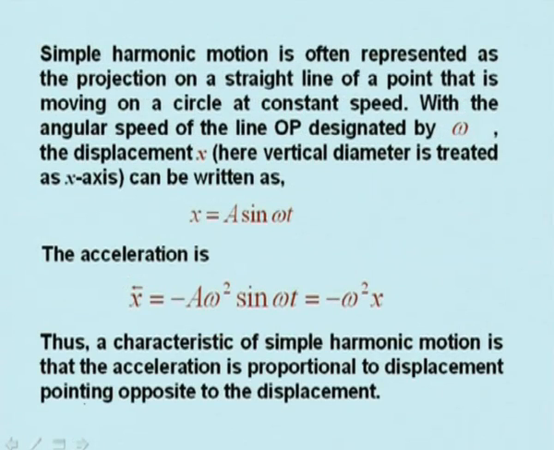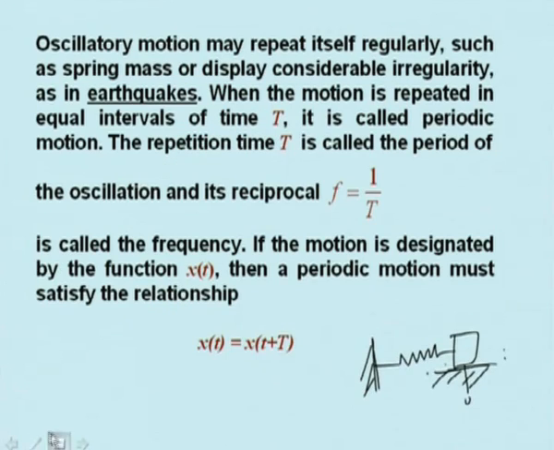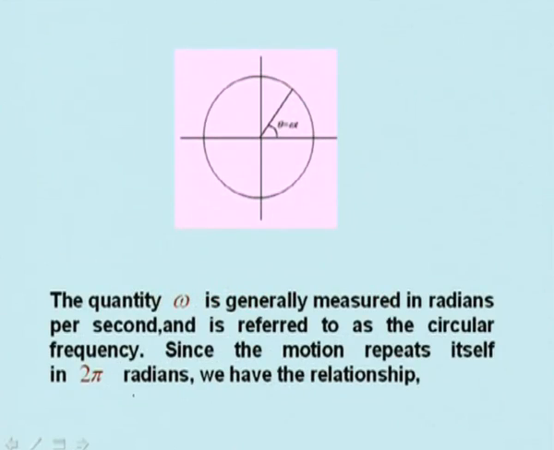Now, simple harmonic motion, which is a periodic motion, is represented as the projection on a straight line of a point that is moving on a circle at constant speed, with the angular speed of the line OP designated by omega. That means there is a circle on which a particle is moving.